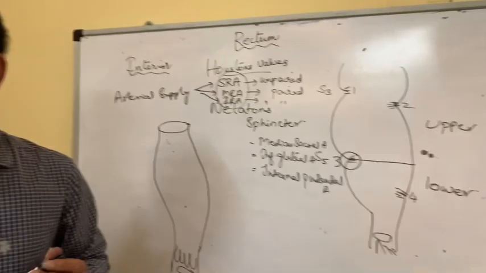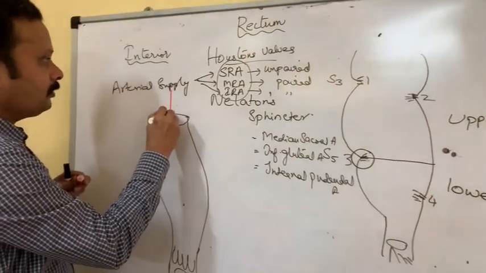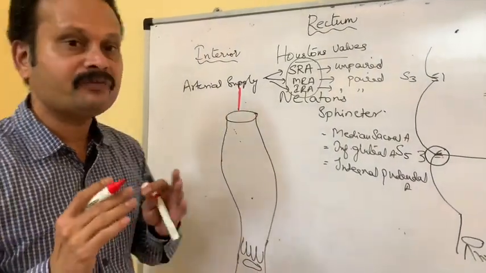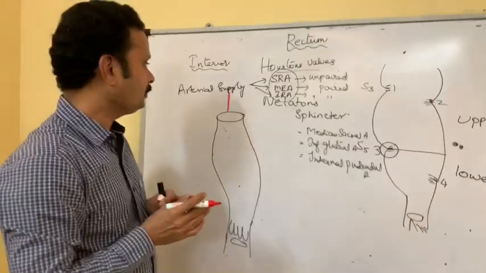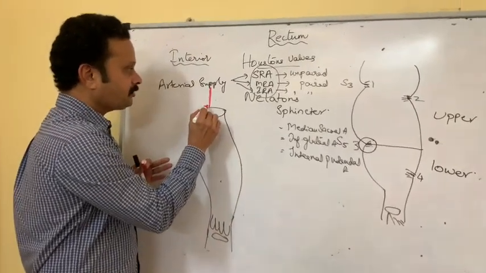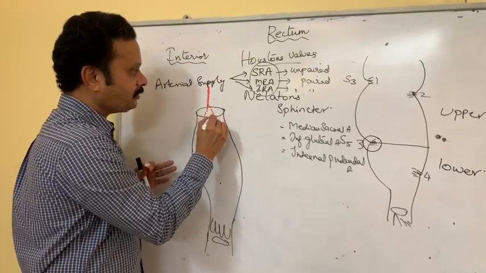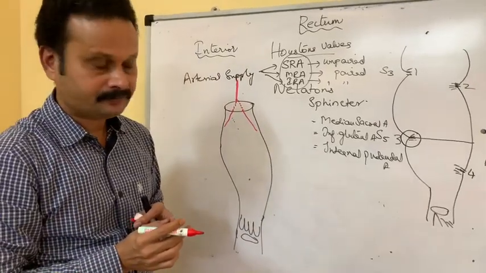Coming to the arterial supply, if you see, the superior rectal artery, which is a direct continuation of inferior mesenteric artery, the artery of hindgut, on reaching the rectosigmoid junction divides along its posterior aspect into right branches and left branches.